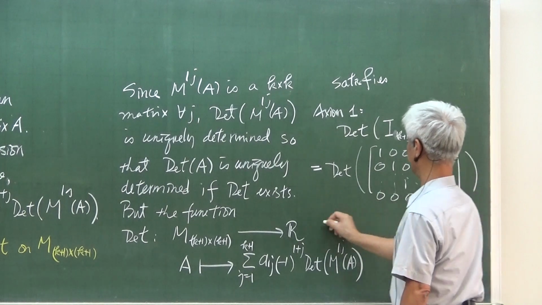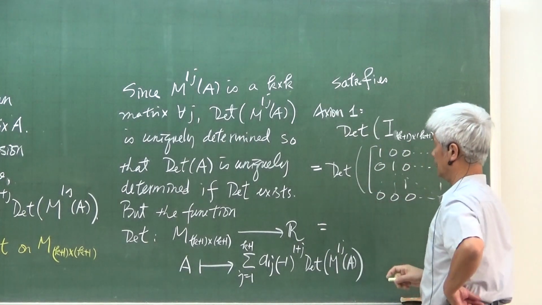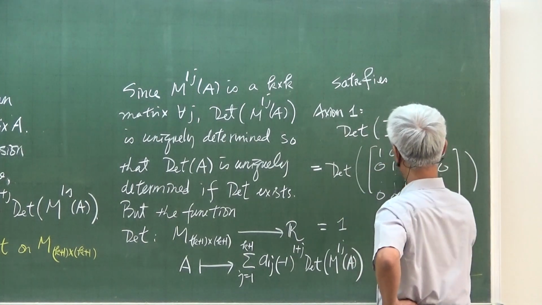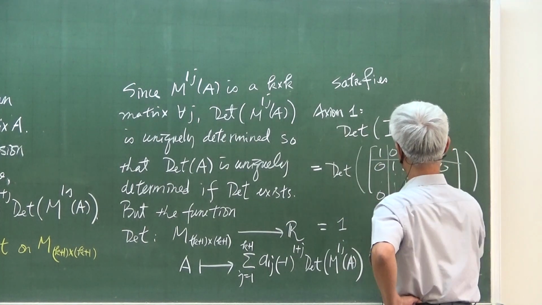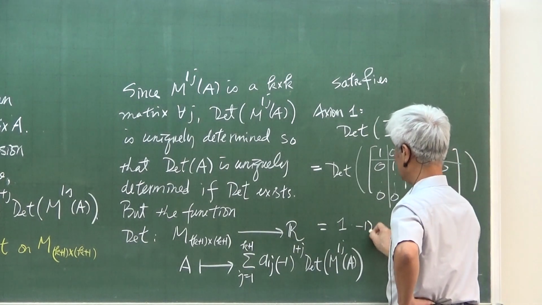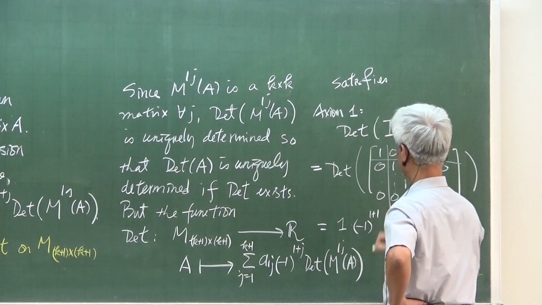By the first expression, you have 1, and there is only one entry. And minus 1 to the power 1 plus 1.